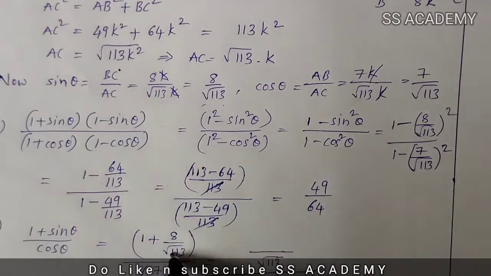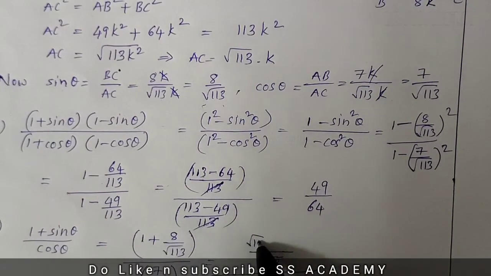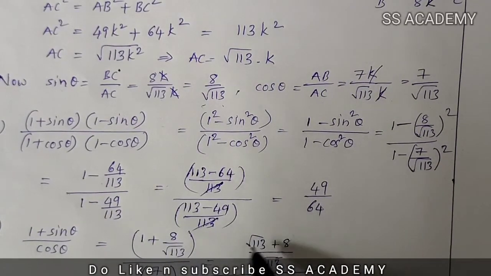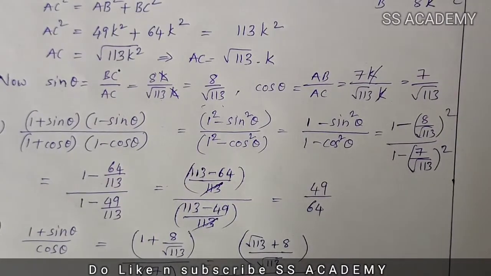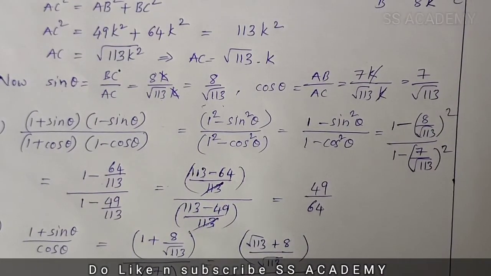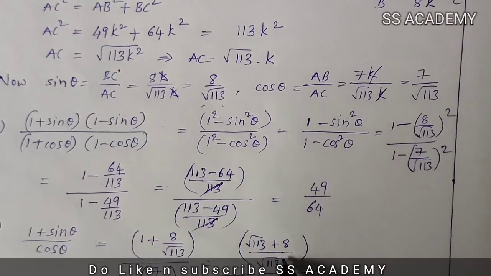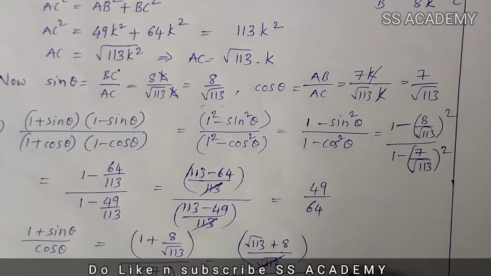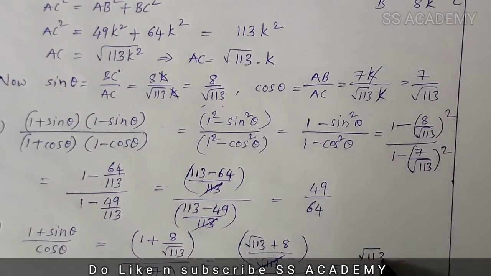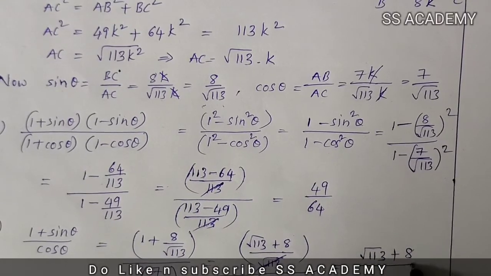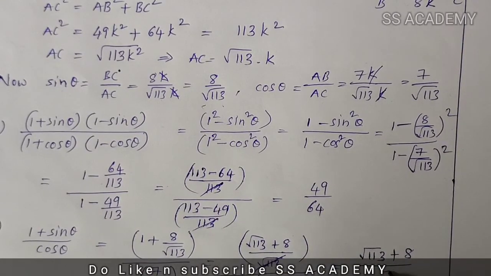So root 113 into 1, root 113 plus 8. There is no change in the denominator, simply write it as it was. So both denominators get cancelled, and it will be root 113 plus 8 by 7 is the answer.